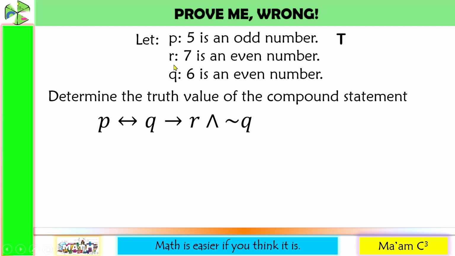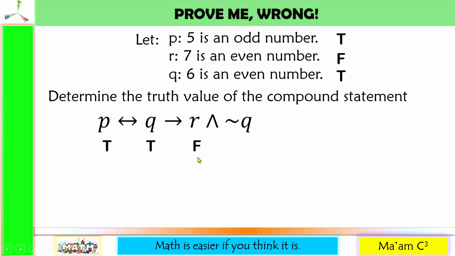R is the proposition, 7 is an even number. Is that true or false? That is false. Q is the proposition, 6 is an even number. Is that true or false? That is true. Now that we already know the truth values of our propositions, let us put it here below. So proposition P is true, proposition Q is true, and proposition R is false.